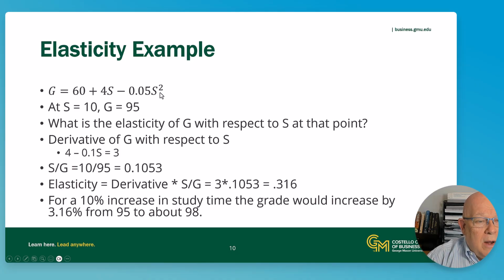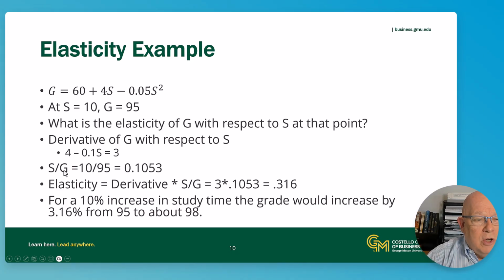And the S squared, basically we take the 2, move it to the front. 2 times 0.05 gives us 0.1 S. So the derivative of G with respect to S is 4 minus 0.1 S, S being 10. So we basically have the derivative of G with respect to S is 3.